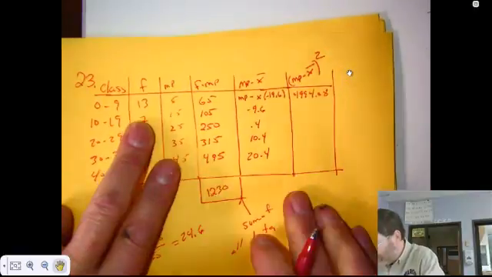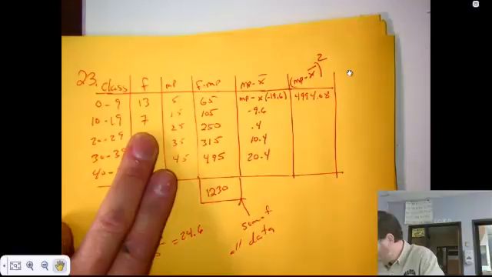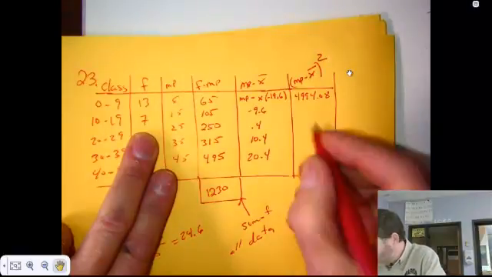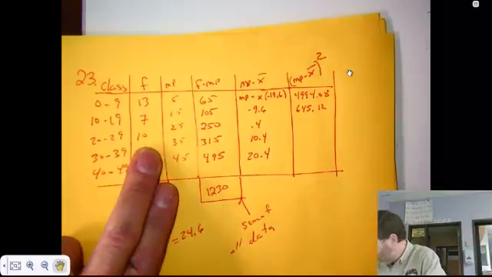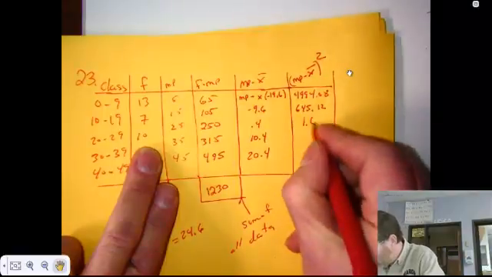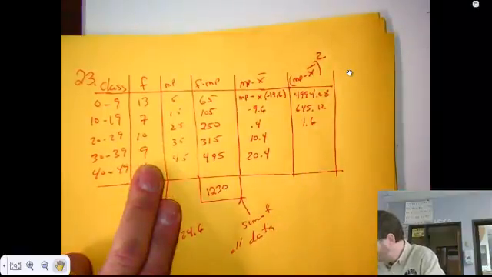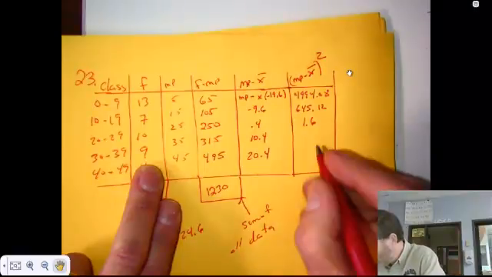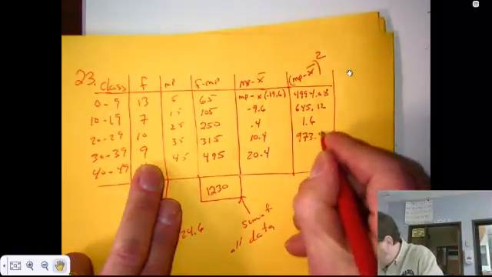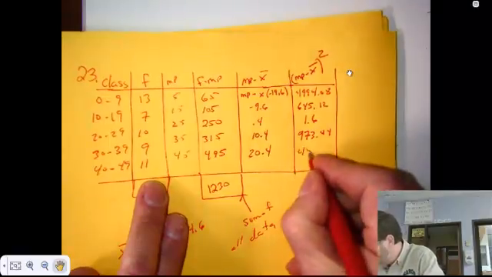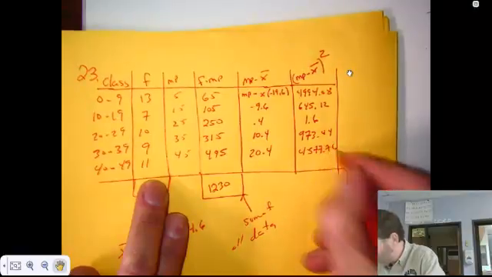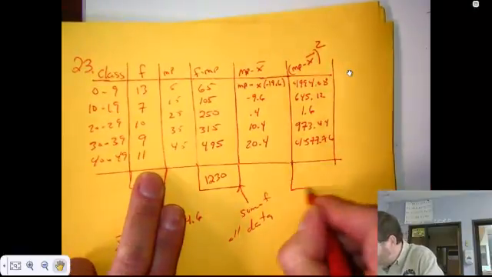Then 9.6 squared times 7 is 645.12. 0.4 squared times 10 is 1.6. 10.4 squared times 9 is 973.44. And 20.4 squared times 11 is 4577.76. I need to find the sum of that.